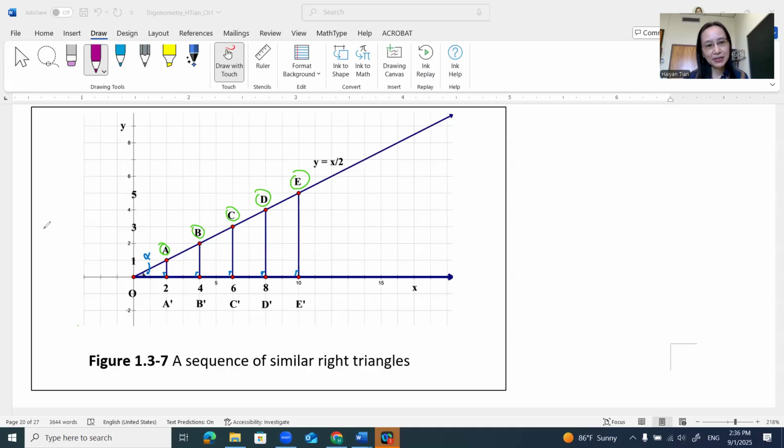Of course, we can have infinitely many different choices along this terminal side of the angle. But I only show 5 of them. So we know already these 5 points and the coordinates.